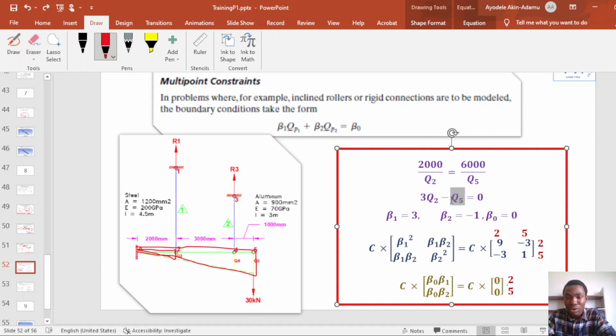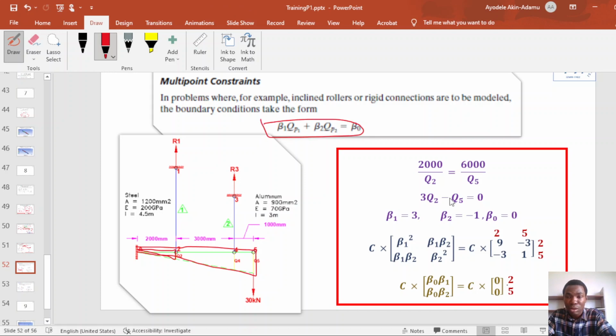Here is -1, the coefficient of Q5. Q5 is our boundary condition with load applied. So beta 2 is -1. The beta 0 is given as 0. So using this equation, we get beta 1, beta 2, beta 0.